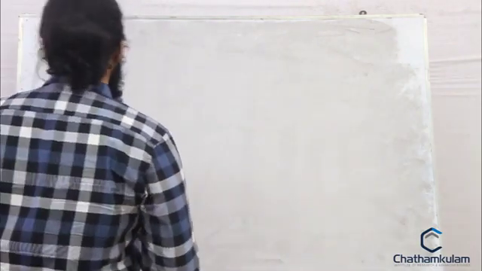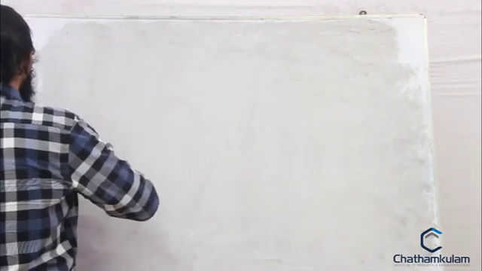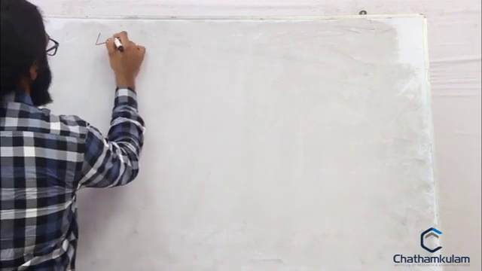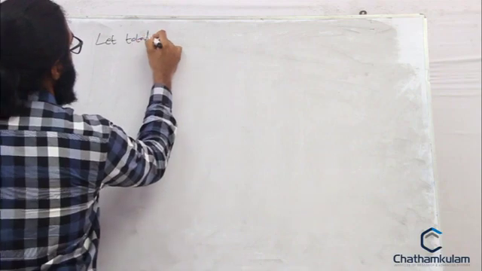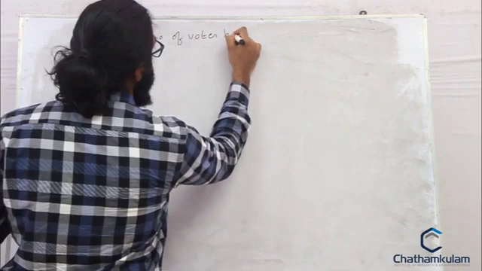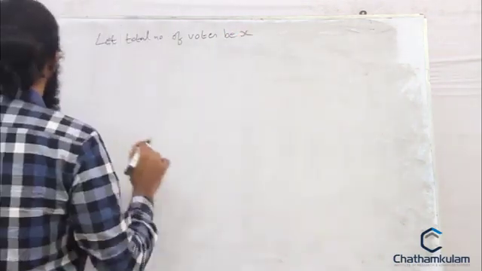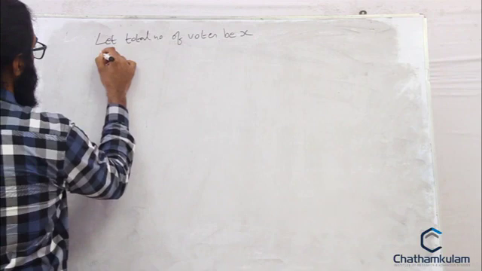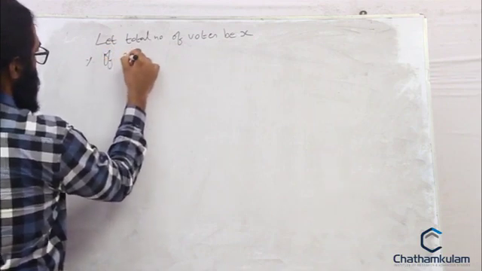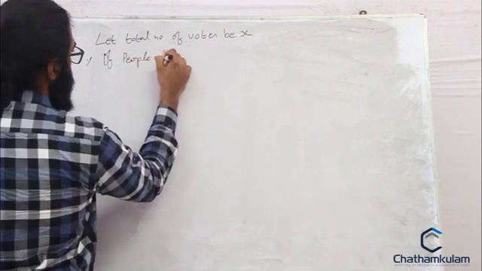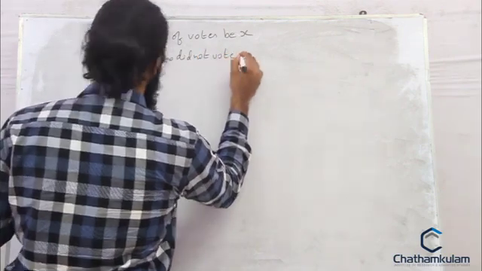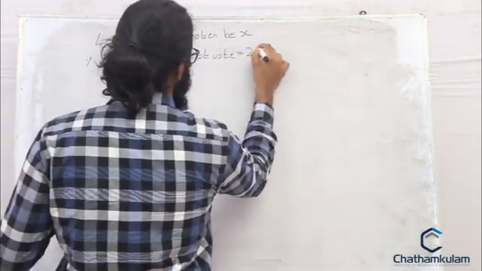Let the total number of votes be x. The percentage of people who did not vote is given as 25%.